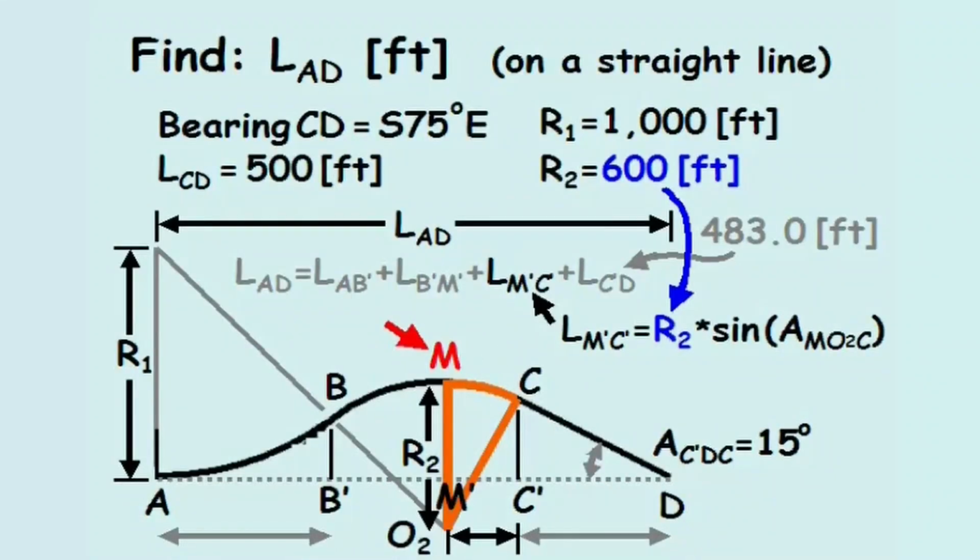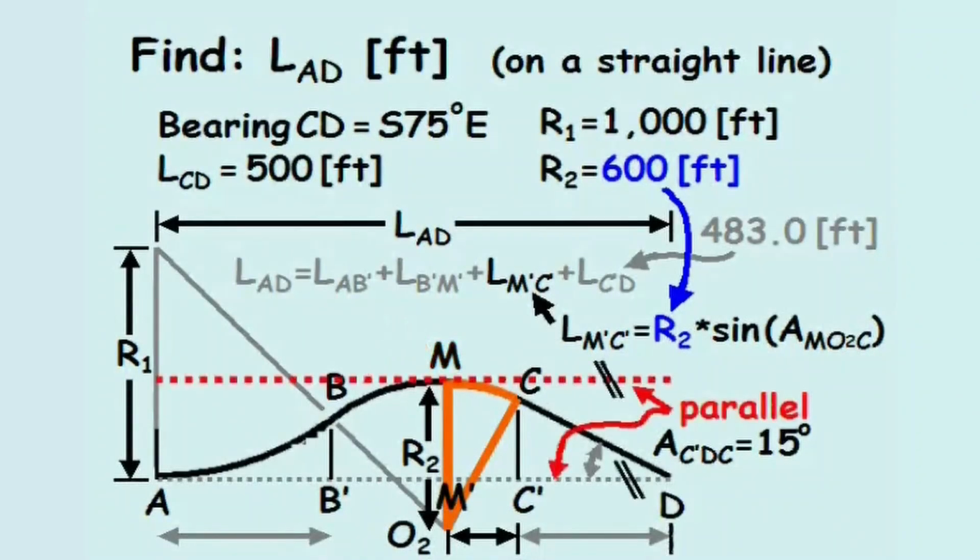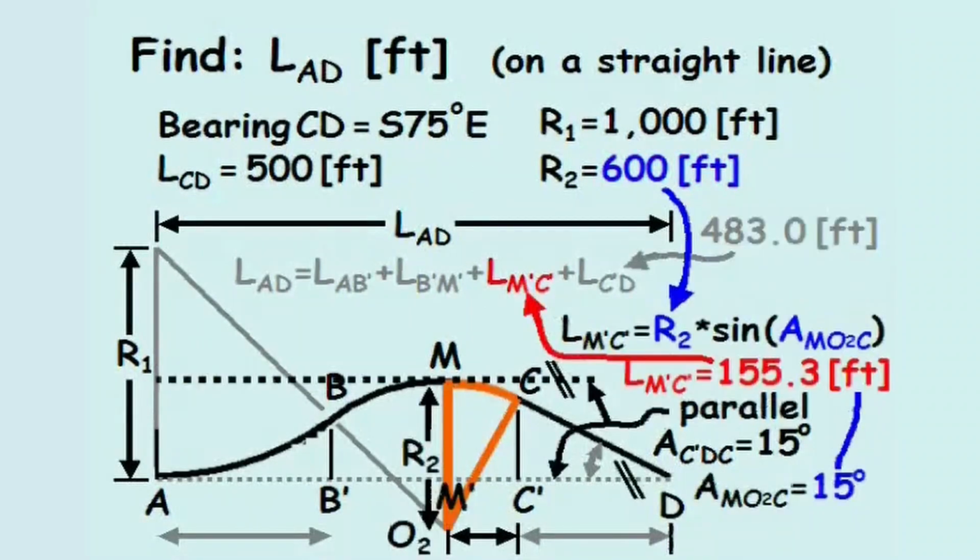Therefore, a line tangent to point M is parallel to segment AD. And since we know angle C prime DC is 15 degrees, we can use trigonometry to determine angle MO2C also equals 15 degrees. Therefore, the length of segment M prime C prime equals 155.3 feet.